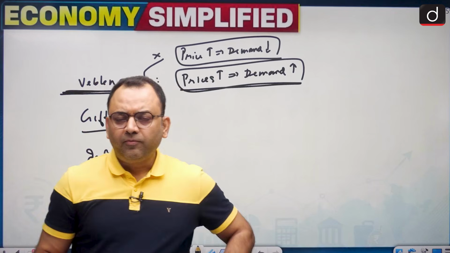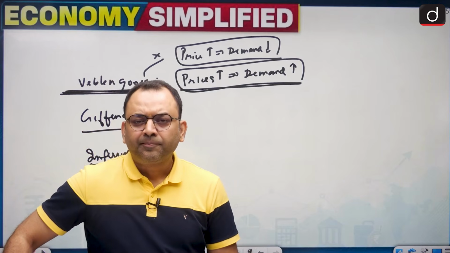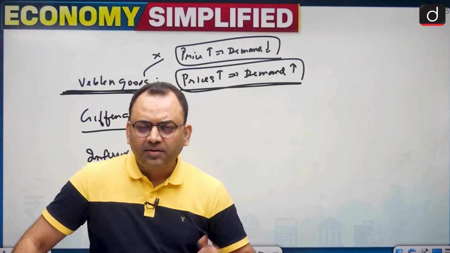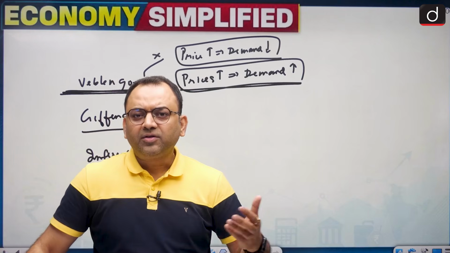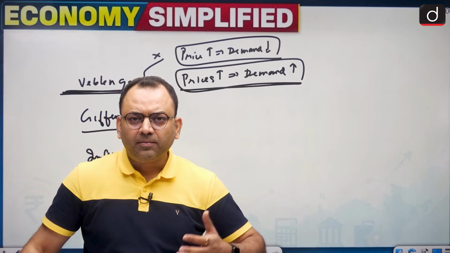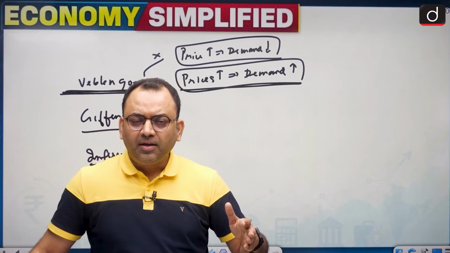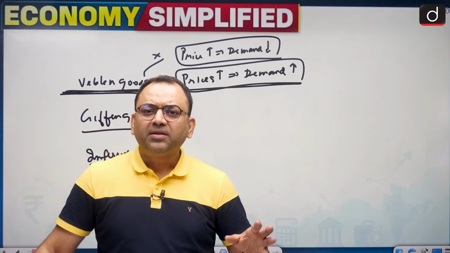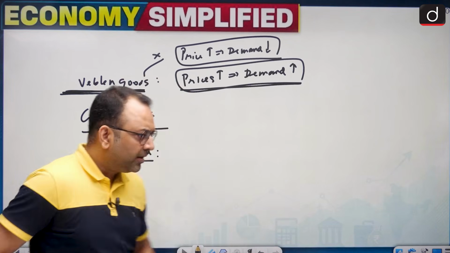For example, a poor family consumes staple food, so for them maize or millets is an inferior good. They may prefer to have rice or pulao or biryani, other meat or eggs. But in case they have no money to buy the high protein diet, they resort to the staple food, the maize or bajra or the millets. They are the inferior goods.